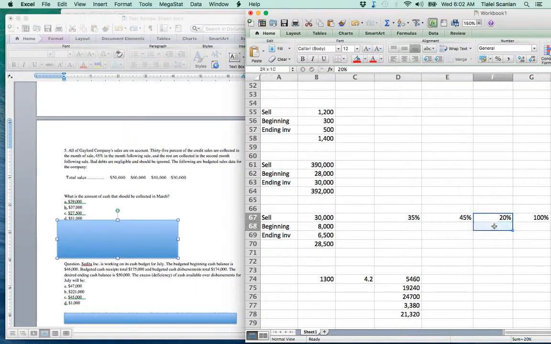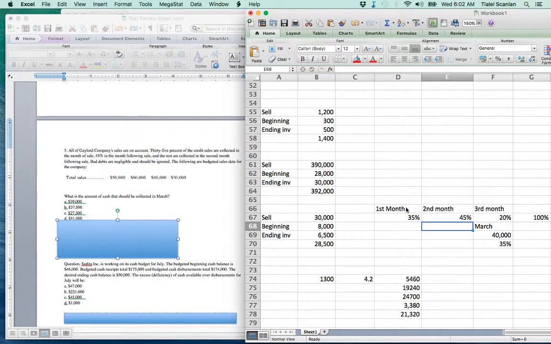So March is our key month right here. March. So we know in March we have 40,000. So we know following this, first month, second month, third month, fourth month. Oh no, not fourth month, we've already collected it. Okay, so March is the first month that we're collecting this 40,000, so we're getting 35% of this 40,000.